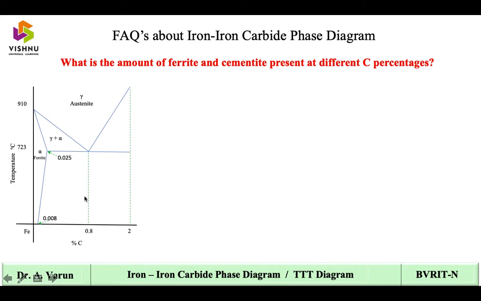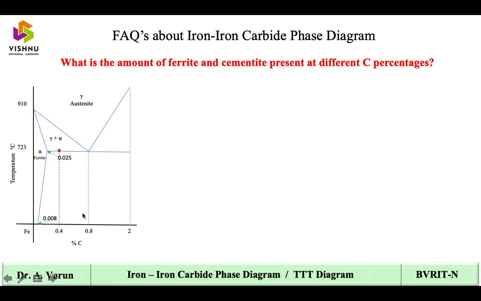First case, the less than eutectoid composition, which is the hypoeutectoid region. I'll consider 0.4 percentage of carbon, at 723 degrees centigrade itself, where it will form proeutectoid ferrite and pearlite.